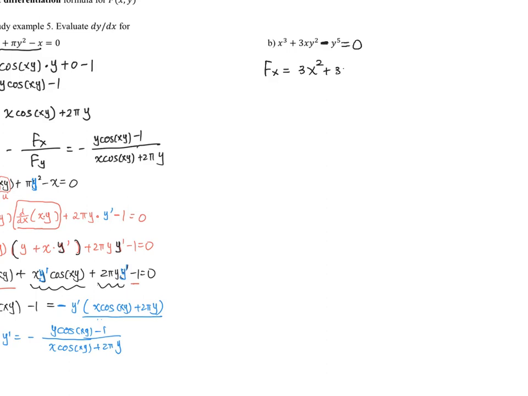Therefore 3y squared, and then Fy will be 6xy minus 5y to the 4th. So dy/dx will be equal to negative fx over fy, which is 3x squared plus 3y squared divided by 6xy minus 5y to the 4th.